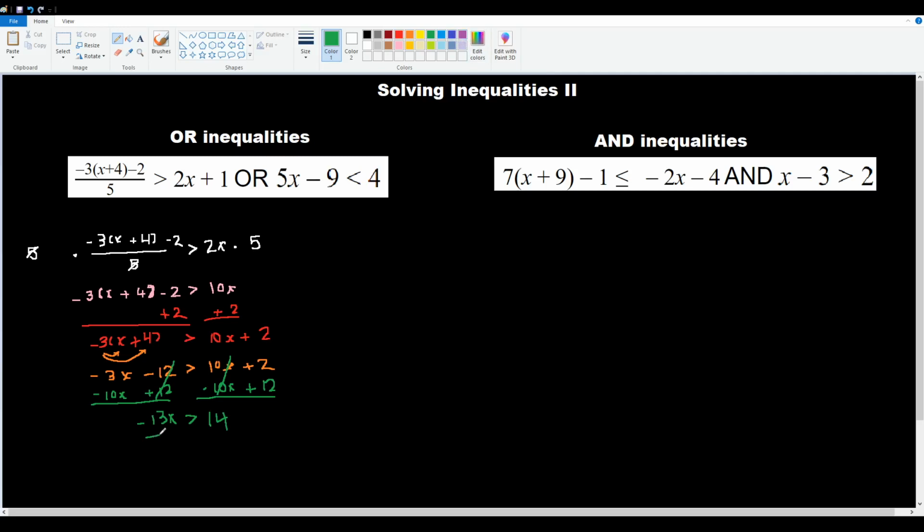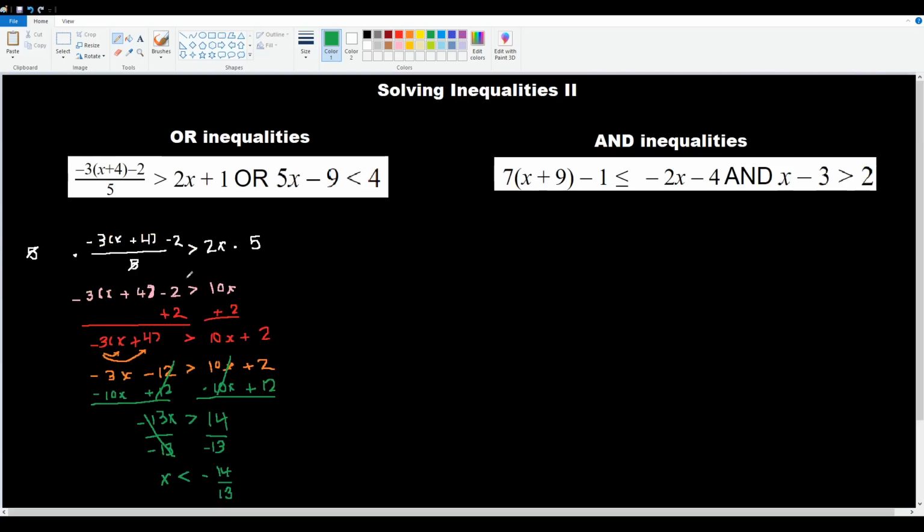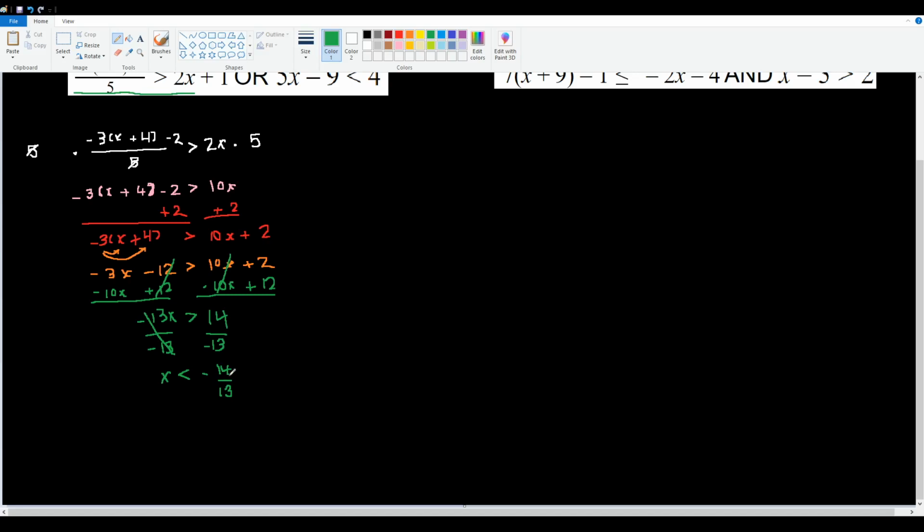So we're going to be dividing by negative 13 on both sides, and x is going to be less than negative 14 thirds. We'll leave that as an improper fraction. Okay, so this entire equation, I'll underline it in green, boils down to this right here.